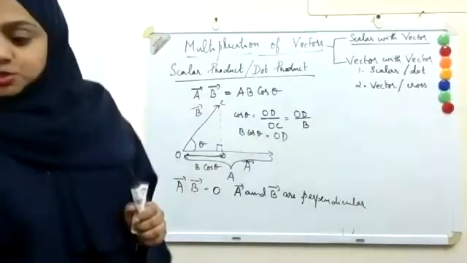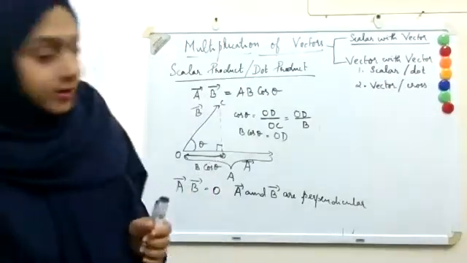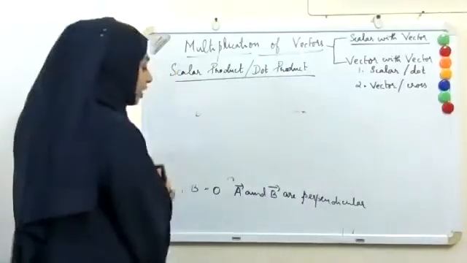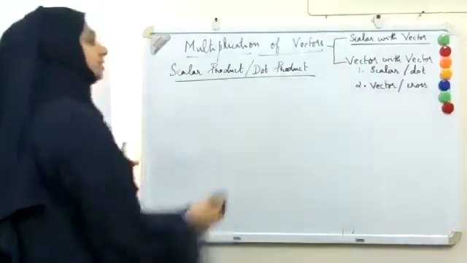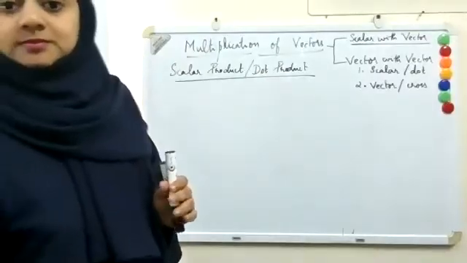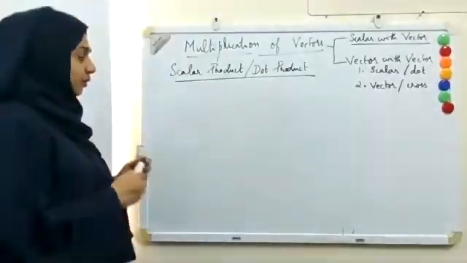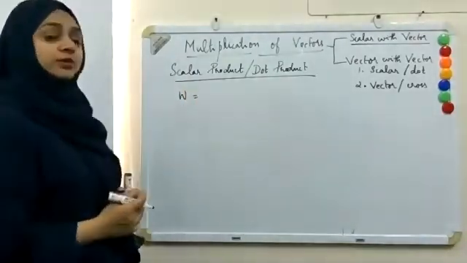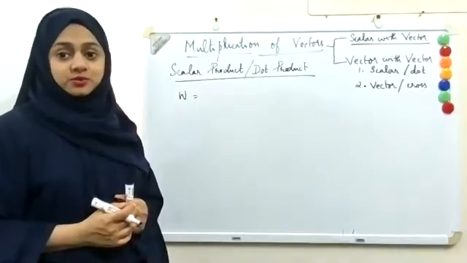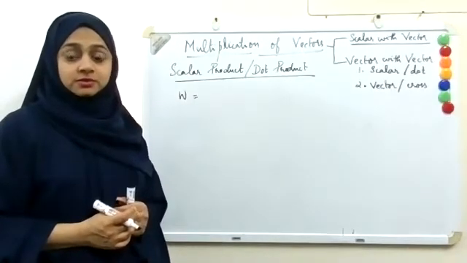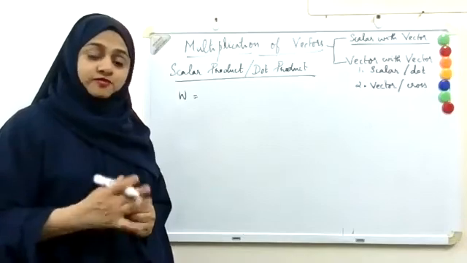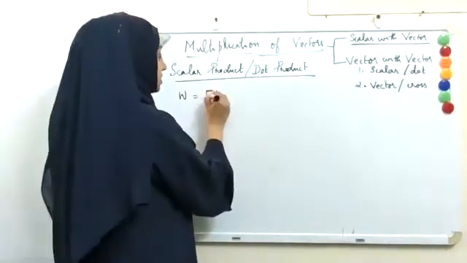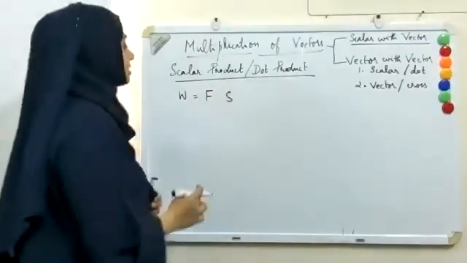So let me take two examples. In physics, when we talk about work done, what is work done? Work done is equal to, you must have learned, force times displacement.